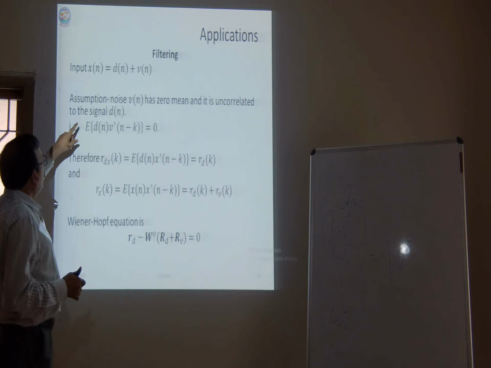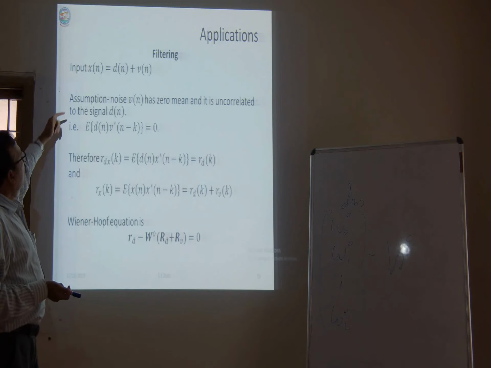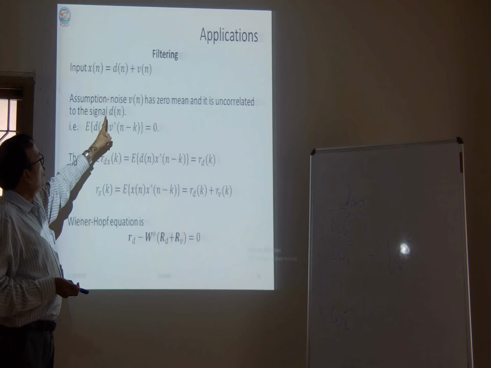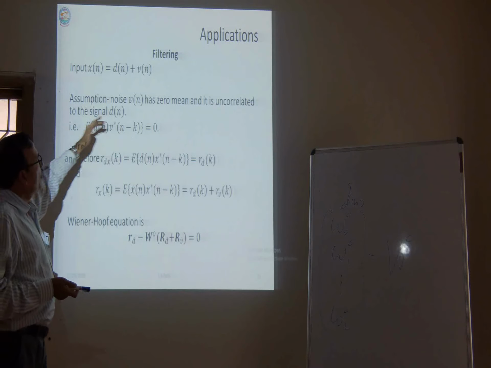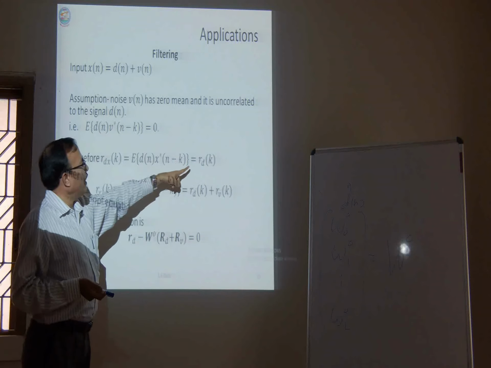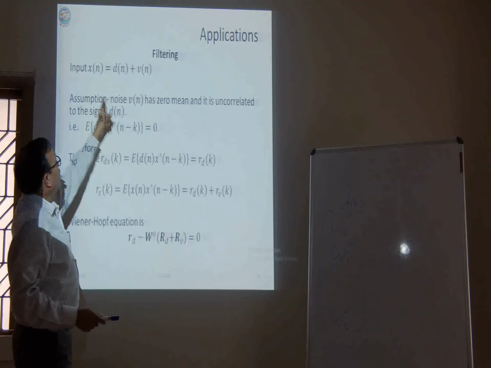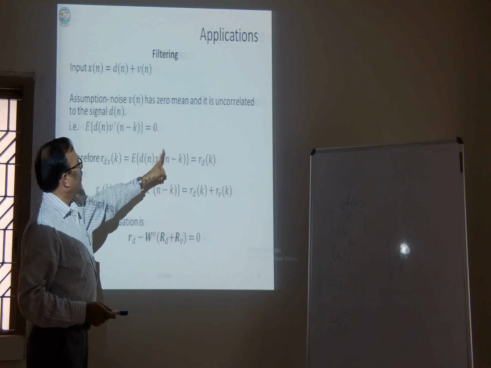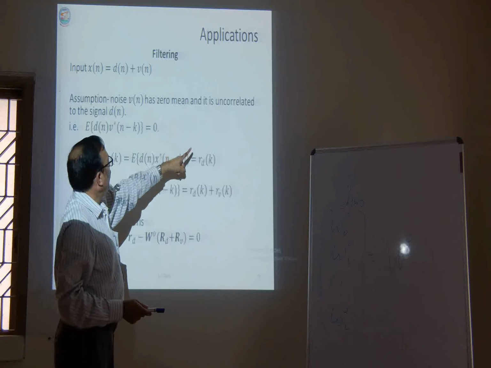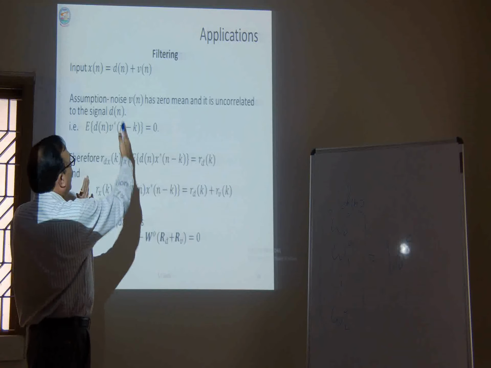Okay. So as vn is uncorrelated to the signal dn, the expectation of dn into v star n minus k is equal to 0. So therefore rdx k is nothing but rd k. Because if we put here x, this is d n minus k complex conjugate plus v n minus k complex conjugate. Then again we will get two factors, taking dn and vn.